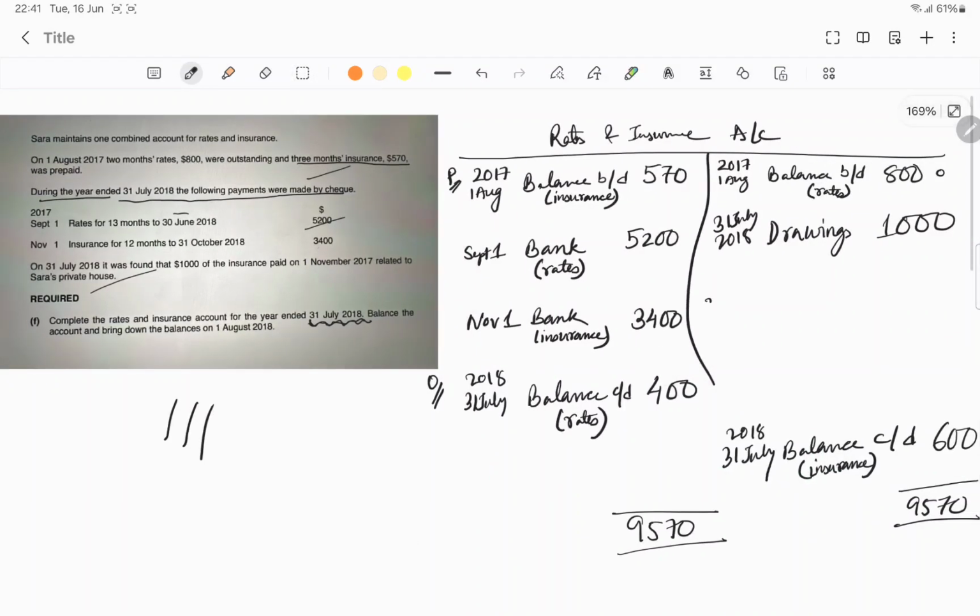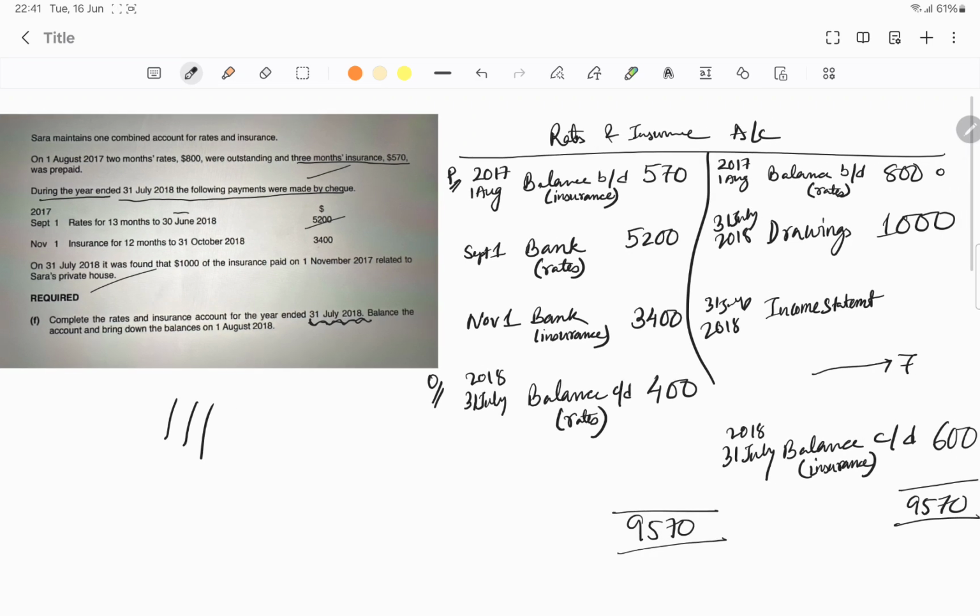I'm bringing the balance a little down so that we get space. This is on 31 July 2018, income statement. What is the amount that will go to the income statement? 9570 minus 1000 minus 600 minus 800 is 7170. So $7,170 is the total amount that will go to the income statement.